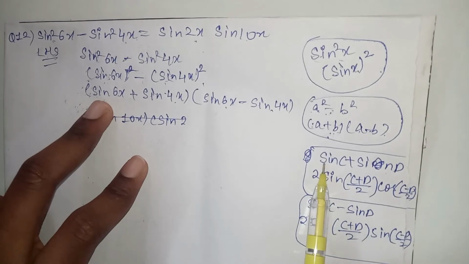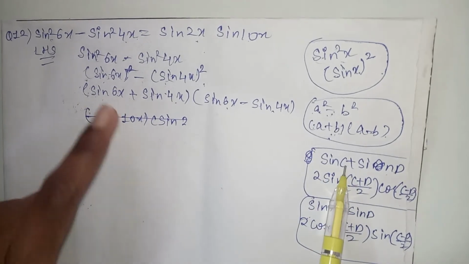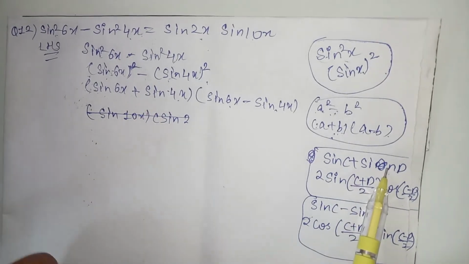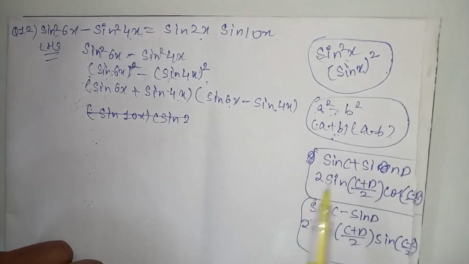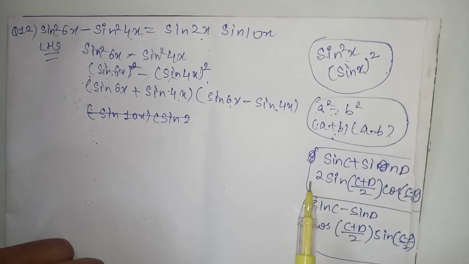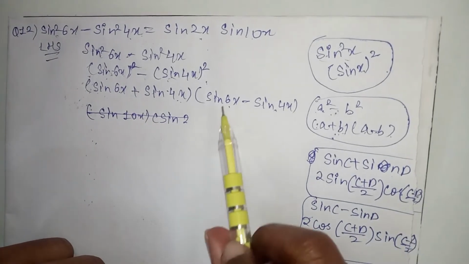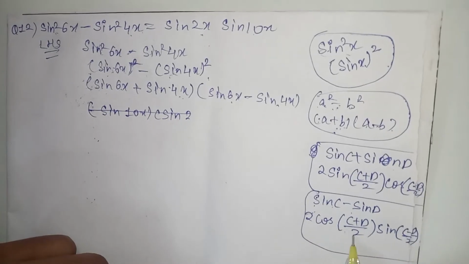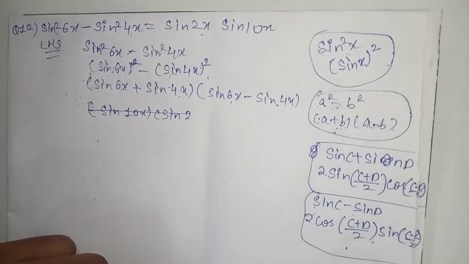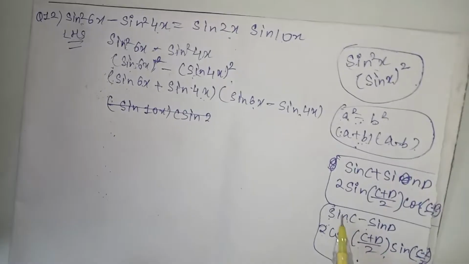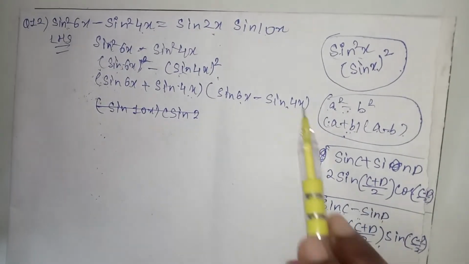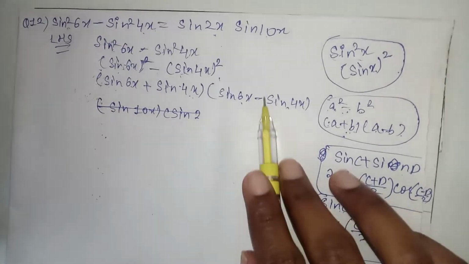Because sine is there, c is 6x, plus is there, sine is there, d is 4x. So it is in this form only, so we have to apply this formula here. And again when it comes to sine c minus sine d, it is 2 cos (c plus d) by 2 into sine (c minus d) by 2. So here sine is there, c is 6x, minus sine d is 4x. So you have to apply this formula here.